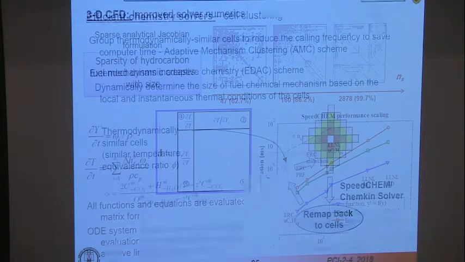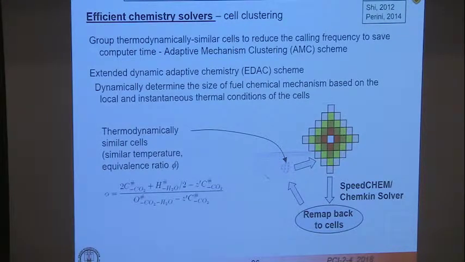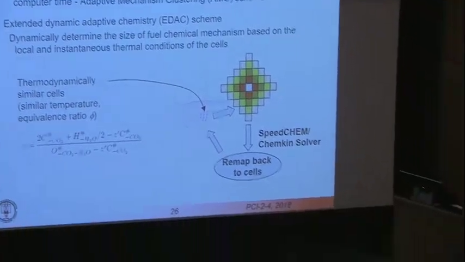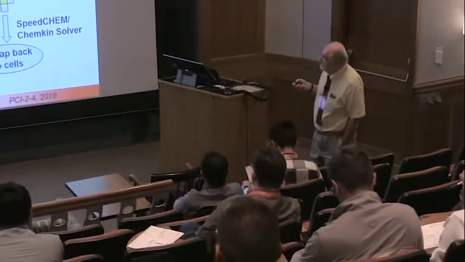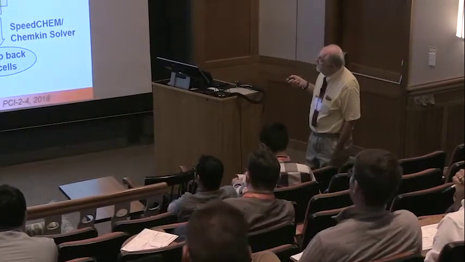The other approach that we use quite routinely, depending on what type of combustion we're looking at, is what we call cell clustering. So you've got all these computational cells with fuel and air in those cells. Turns out that some cells look very much like other cells that may be neighbors or may be situated remotely from that particular cell.